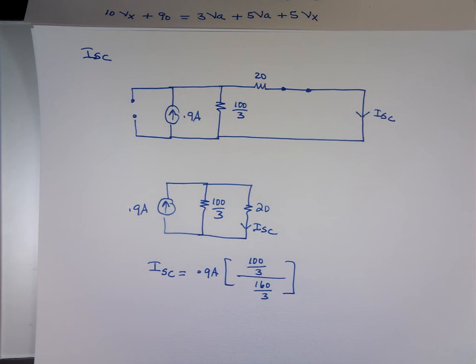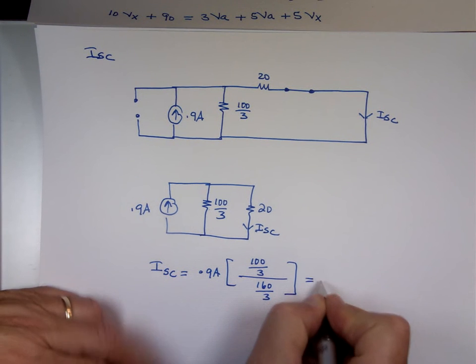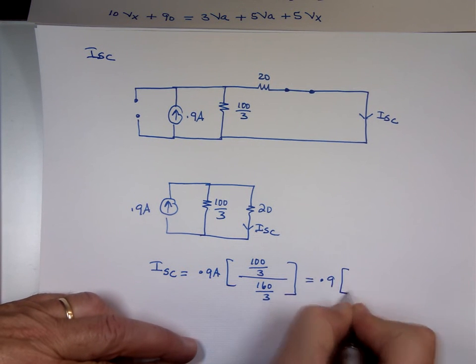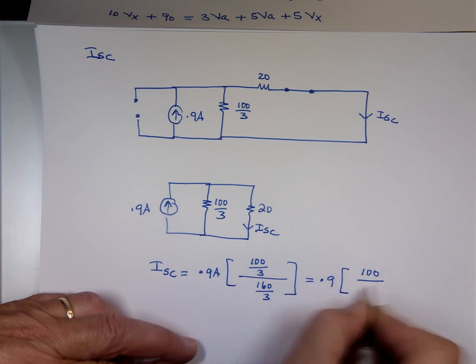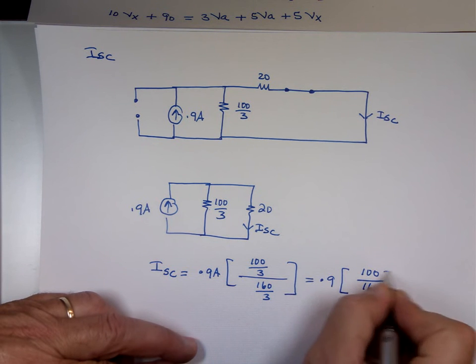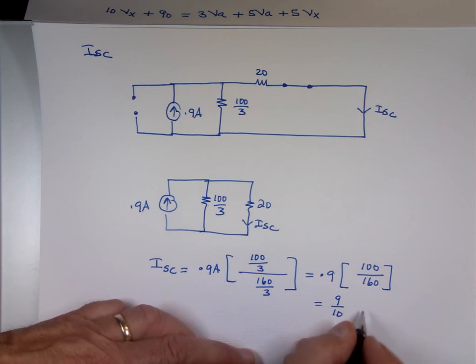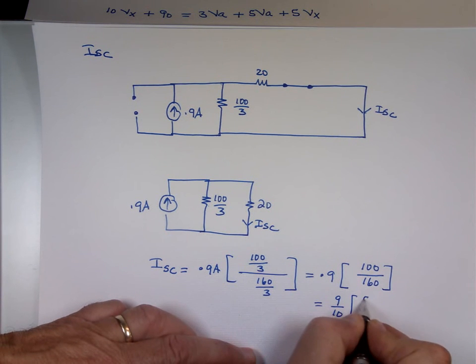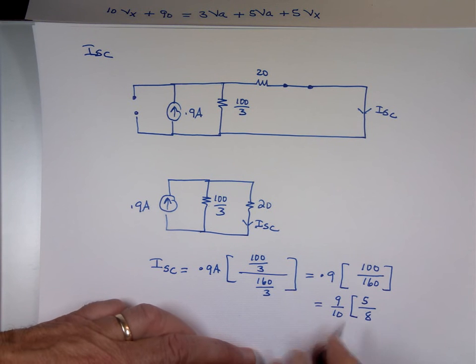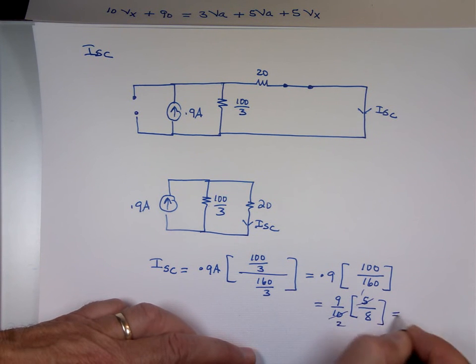I'm doing some of the math in my head. 0.9 times 100 over 160. That's 5/8. So that's 9/10, if you like fractions, that's the 0.9. This is 5/8. By 5, this is 1, that's a 2. So that's 9/16.